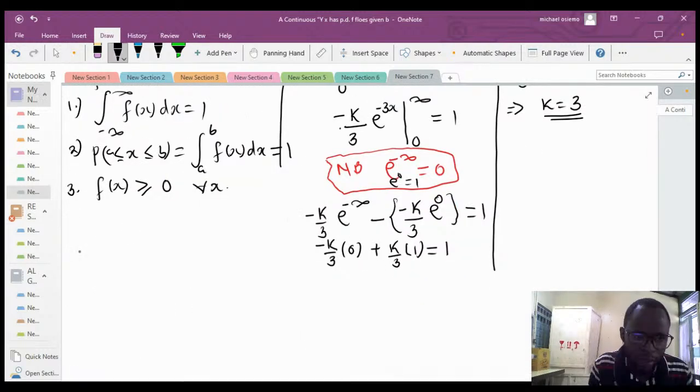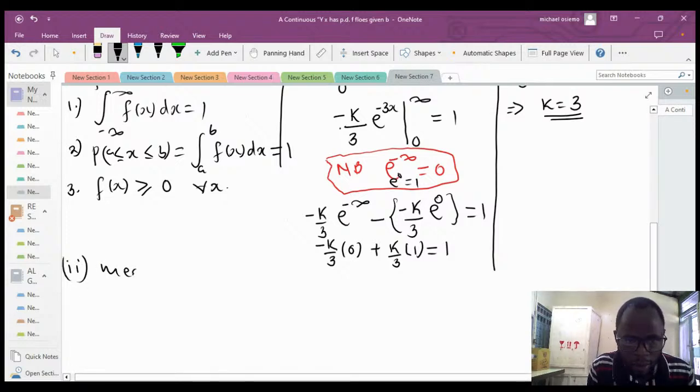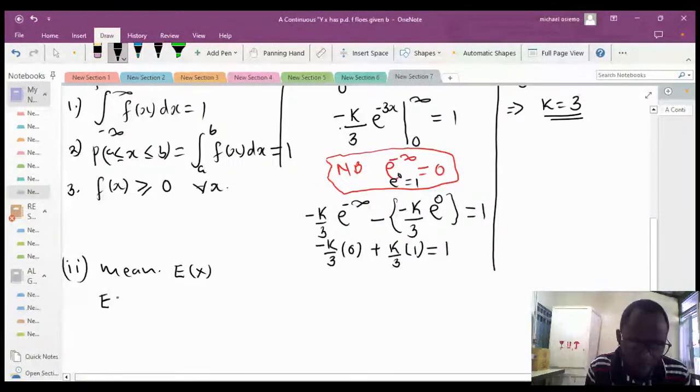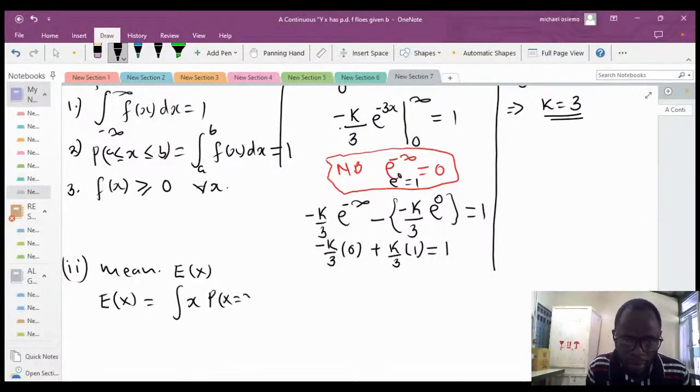So Roman 2, to find the mean. Now in a PDF, the mean is the same as the expectation of x. And understand that the expectation of x is equal to the integral of x p(x) dx.